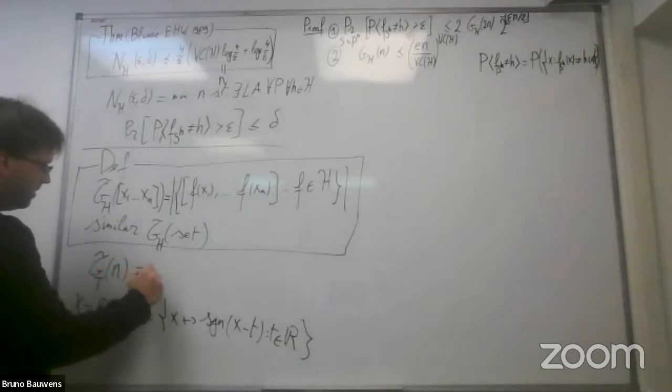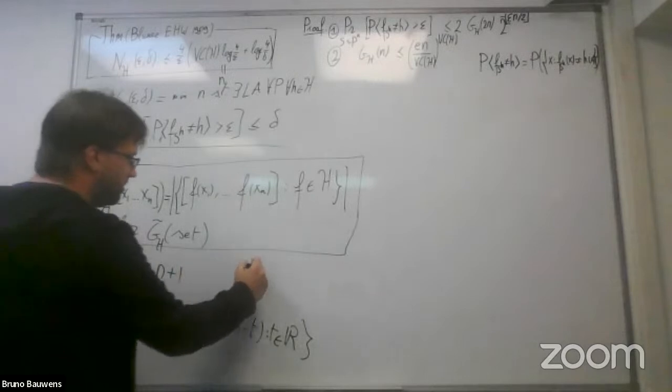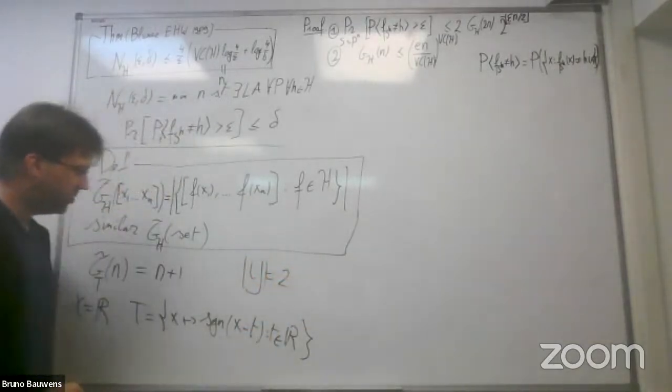G_T of n is equal to n plus 1. So how do we get this? Okay, and so, as usual, we assume that Y has 2 elements.